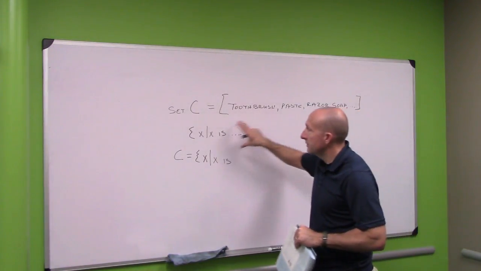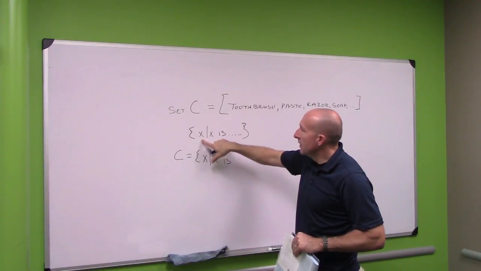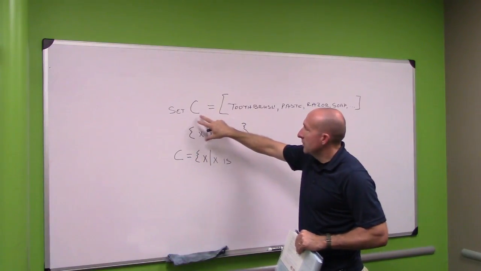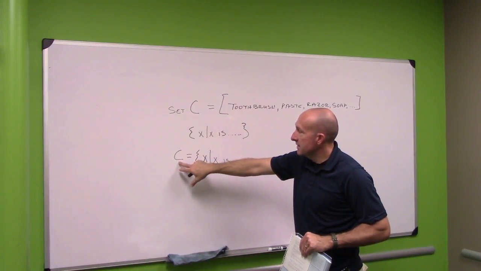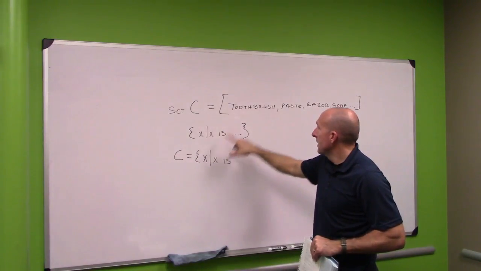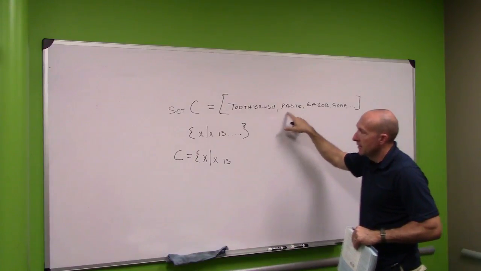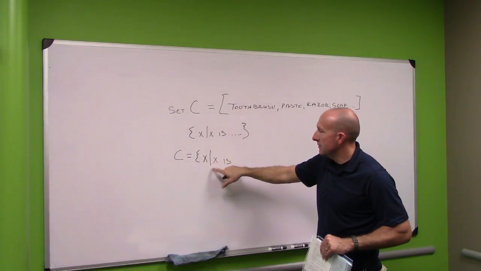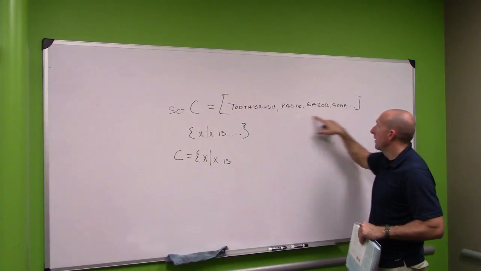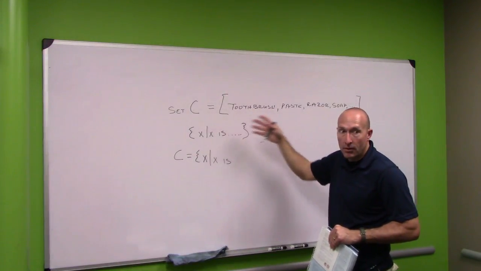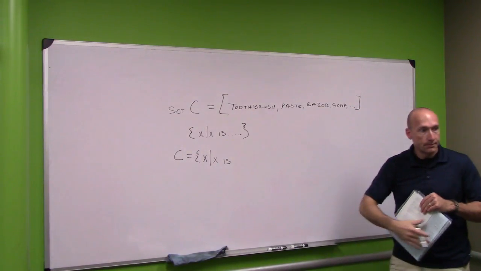So notice these brackets mean that we're containing something, but whenever we talk about the basket or set C, that equals, and you can use any one of these elements, say the toothpaste, such that the toothpaste is an element of all of these, or part of that entire group.